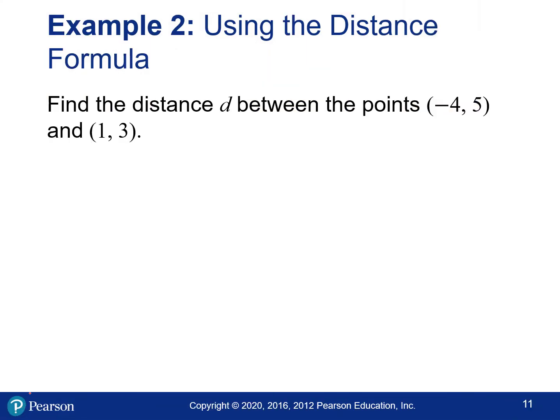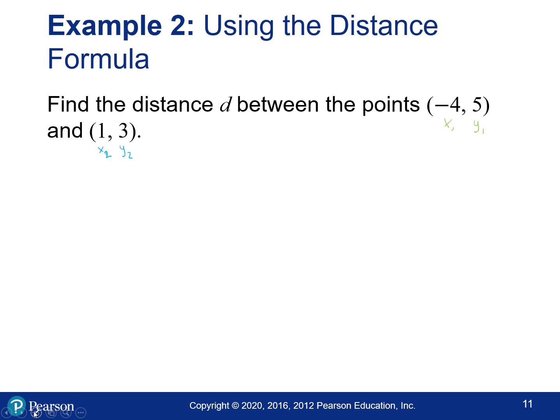Okay, so find the distance between these 2 points. And so what I recommend, every time I use these formulas, I like to label my x1, my first point, and my y1, and my second point, x2 and y2, because that way later on in my work, I don't get confused or lose track of what was what. And so this is x2 and y2.